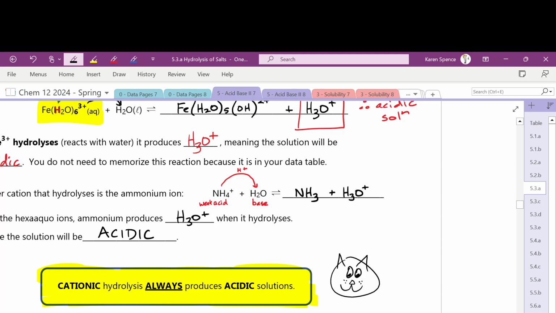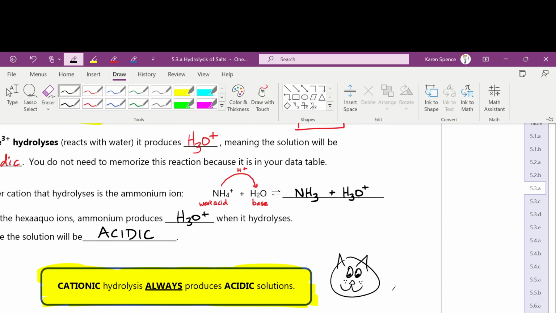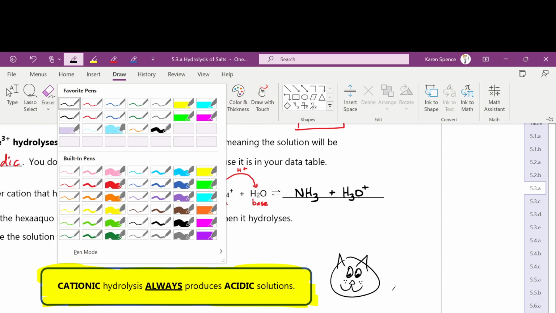I'm going to try and draw a lemon because it's acidic. But, huh? Color the cat red? Okay. So it's acidic? Okay. Highlighter.